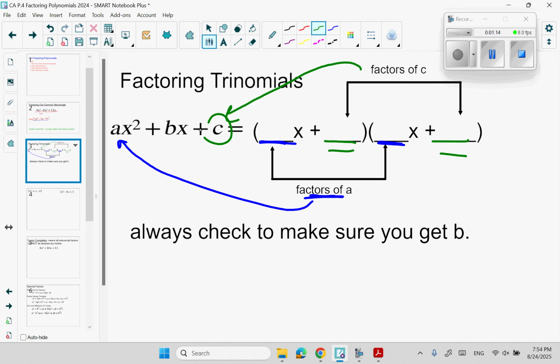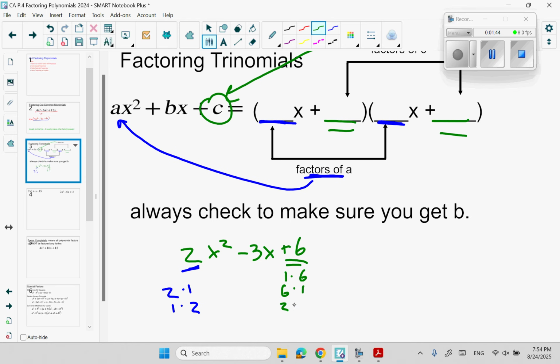So if I'm using that previous example of 2x squared minus 3x plus 6, I would want these two numbers in blue to multiply to 2, so something like 2 times 1 or 1 times 2. And these numbers here in green have to multiply to this 6. So it could be any combination of 1 times 6, 6 times 1, 2 times 3, and 3 times 2.